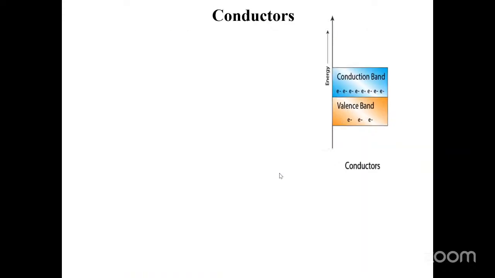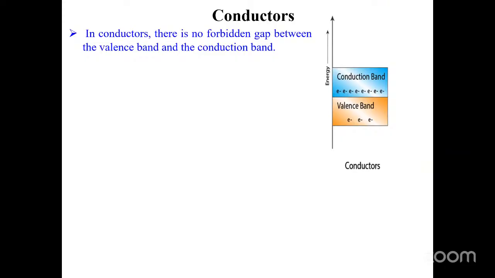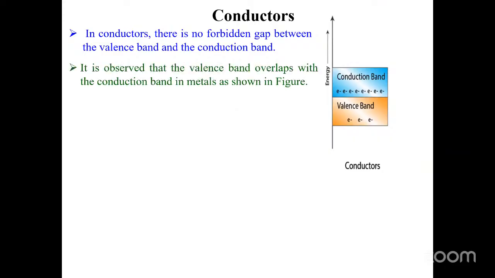Next, conductors. There is no forbidden energy gap. It is observed that the valence band overlaps with the conduction band in metals.